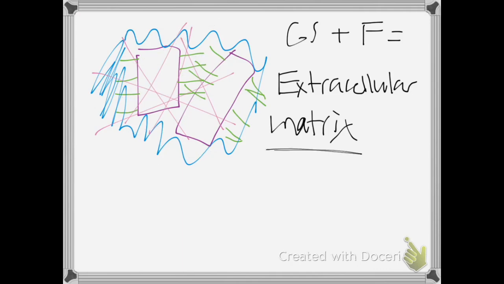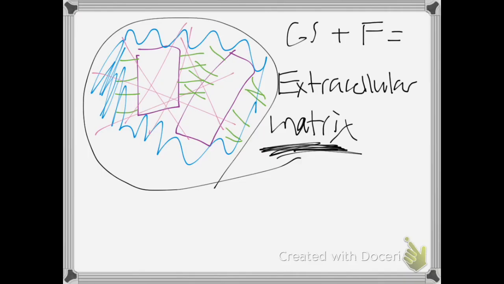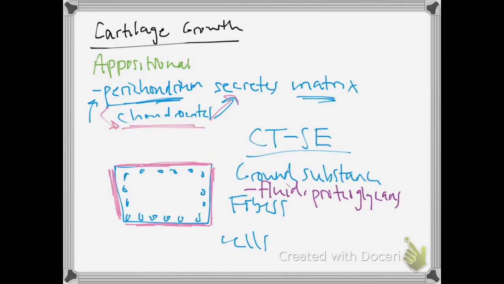So get in your head now, because when we talk about formation of bones, we'll talk about matrix a lot, and this is what we're talking about, this precursor stuff to all these different connective tissues that we're making, including bone. So cartilage growth, appositional growth, these chondrocytes beneath the perichondrium is secreting this matrix.